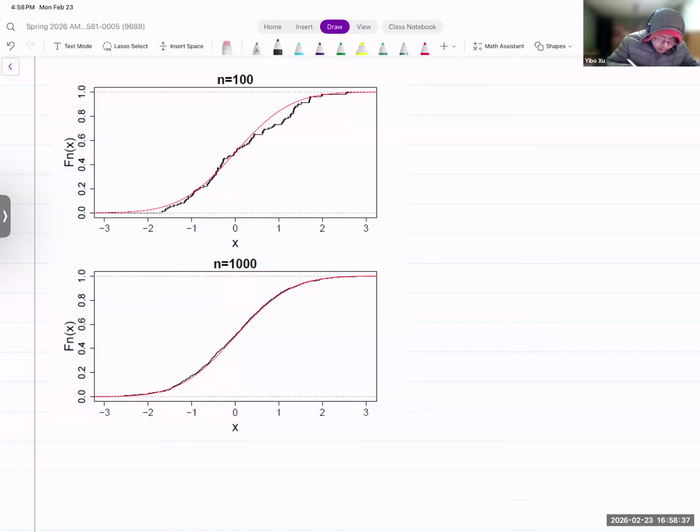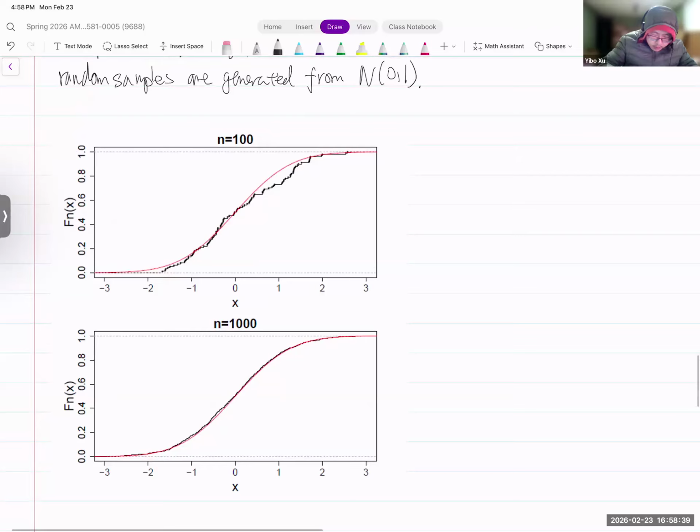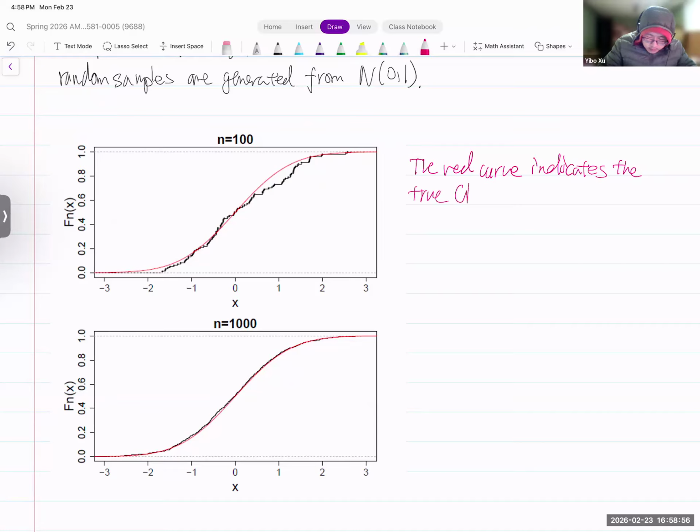Okay, so here the red curve indicates the true CDF of the standard normal, okay, the underlying distribution.